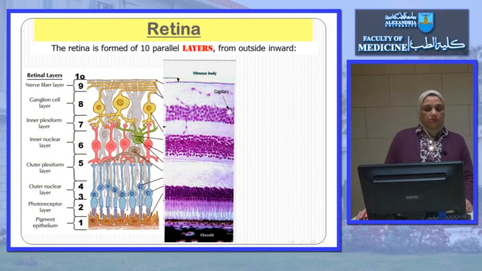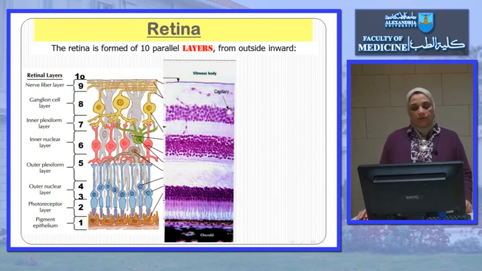These photoreceptors, rods and cones, have an outer segment that acts as a dendrite, and a synaptic terminal that acts as an axon. So this is the dendrite of the rods and cones, and this is the axon terminal of rods and cones.